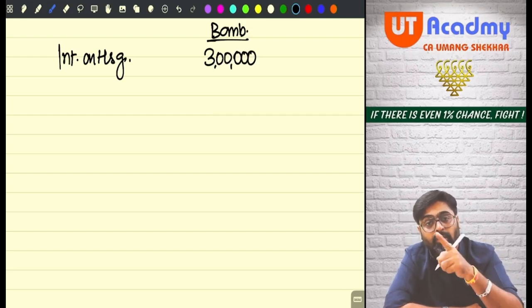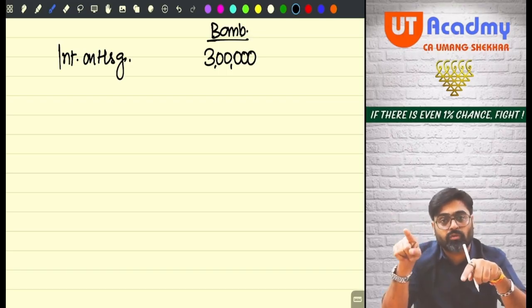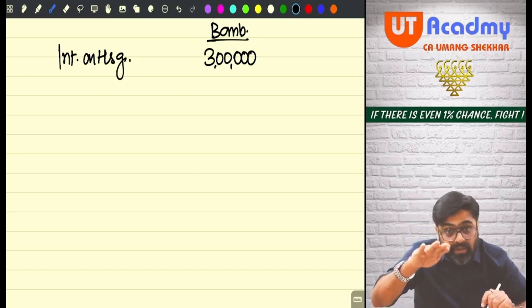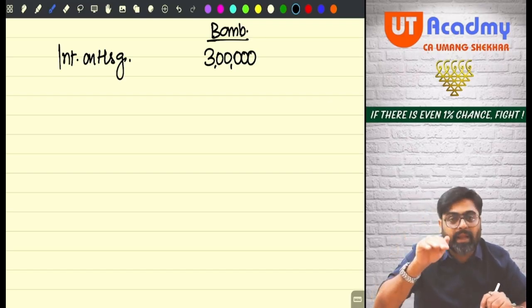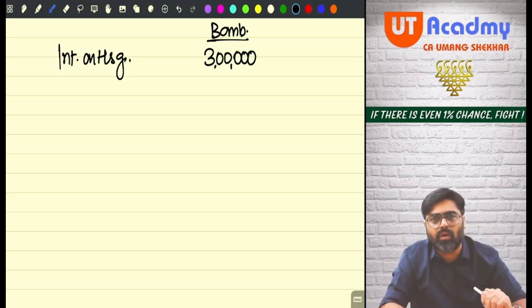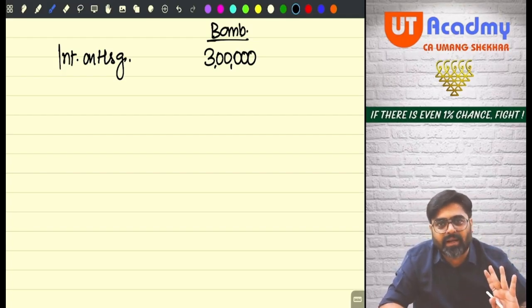And this loan was taken to purchase the Bombay property. The loan was taken on 1st April 2023, meaning after 1st April 1999, to purchase or construct, meaning purchase of house property. If nothing is mentioned, the purchase happens immediately, no? So within 5 years, the purchase activity got completed.